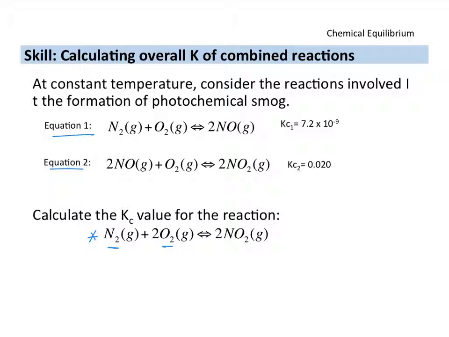And you can see if you add it up, you're going to end up with 2 molecules of oxygen. The other thing that I see is that nitrogen is in the reactant side on equation number 1. So I'm going to add them up.